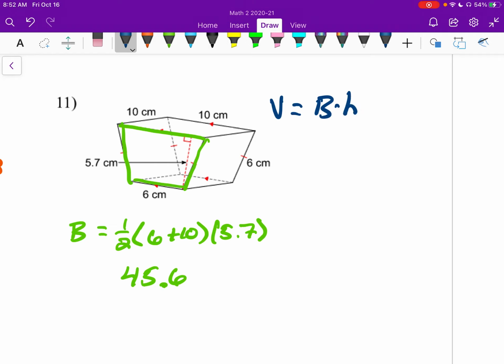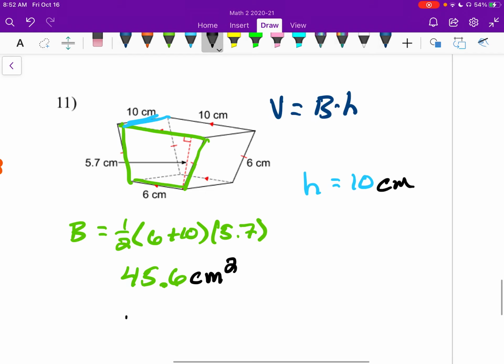Now I want to talk a little bit about the units on here. Let's first write in our height here. Height is going to be 10. Right, that's right there. Now the units on 10 is centimeters. The units on 45.6 are centimeters squared, right? Because 45.6 is an area, and the height there, the 10, is a length.